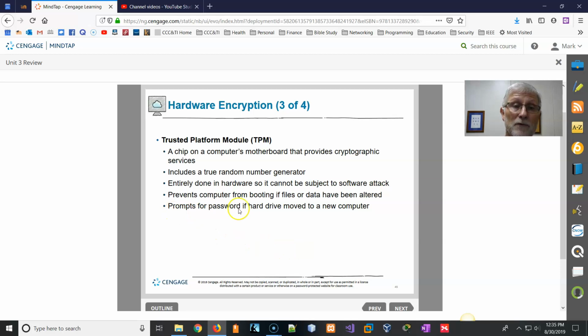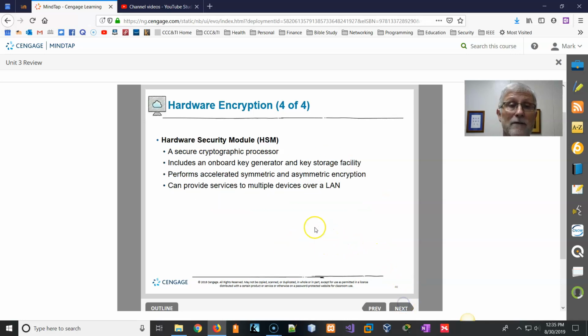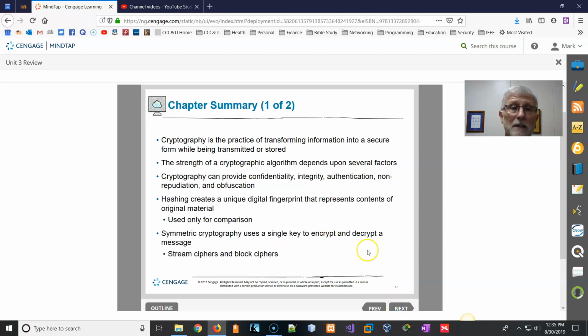It prevents the computer from being booted with altered files or data, and it prompts for a password on the hard drive. The Hardware Security Module is a secure processor that includes an onboard key generator and key storage facility, and it can be used across the LAN.